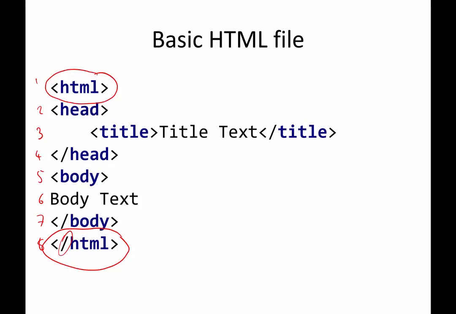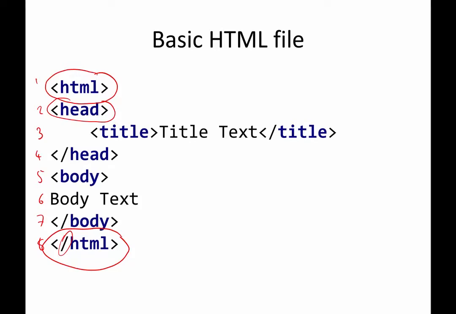And here, head. That's the header of the document. In line 2, we are opening the header. Where do we close it? Line 4, yeah. And we could put other things in. I put title in. We could put in, for example, who's the author. We could put in a description of the web page, and then in a search engine, the search engine might put the description of the web page under the title.